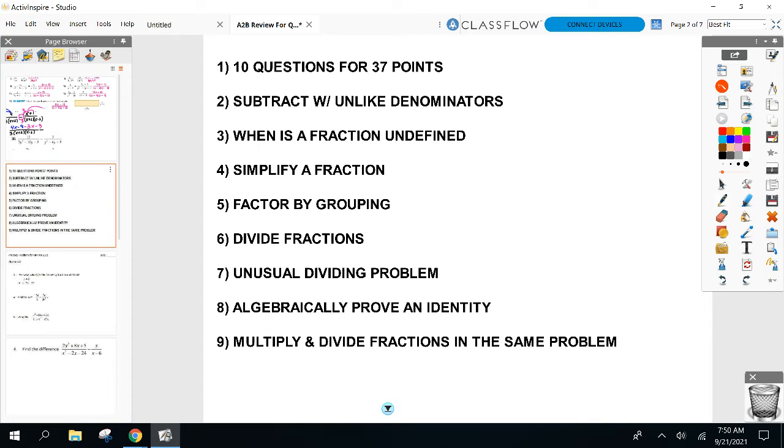When a fraction is undefined, you want to talk to me about that real quick? Let's say I give you 3x over x squared minus 4. It's not going to be that easy, but what do I mean by undefined? Denominator equal to 0. So I have to take my denominator, set it equal to 0, and solve it. x plus 2, x minus 2.